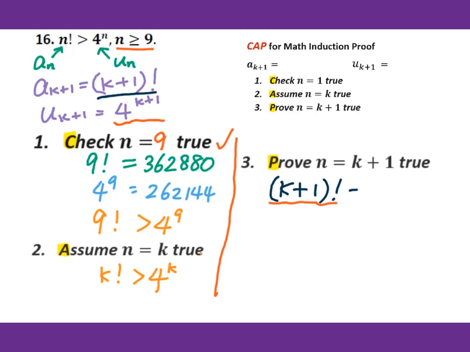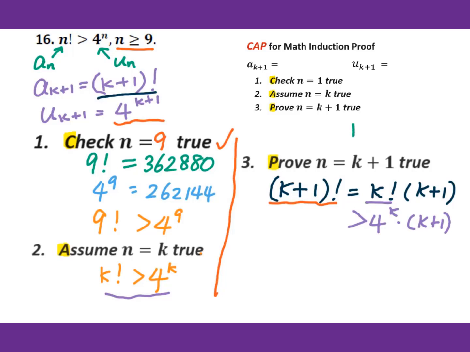Therefore, k plus 1 factorial, we can write down k factorial times k plus 1. Since k factorial, according to the assumption, greater than 4 to the kth power, therefore it's greater than 4 to the kth power times k plus 1.